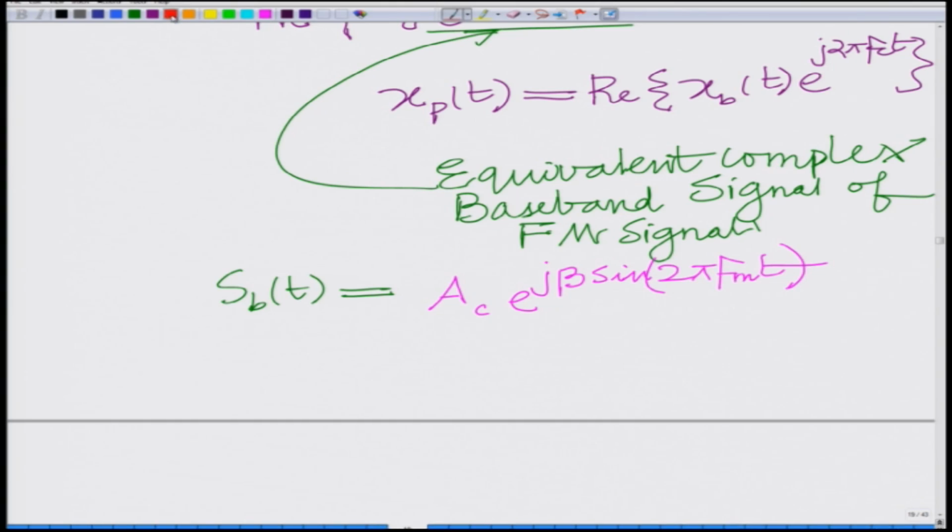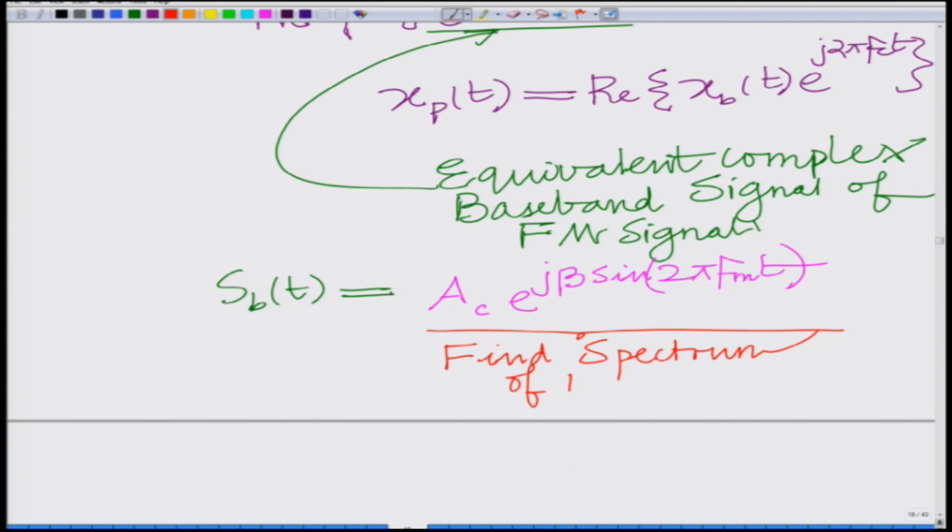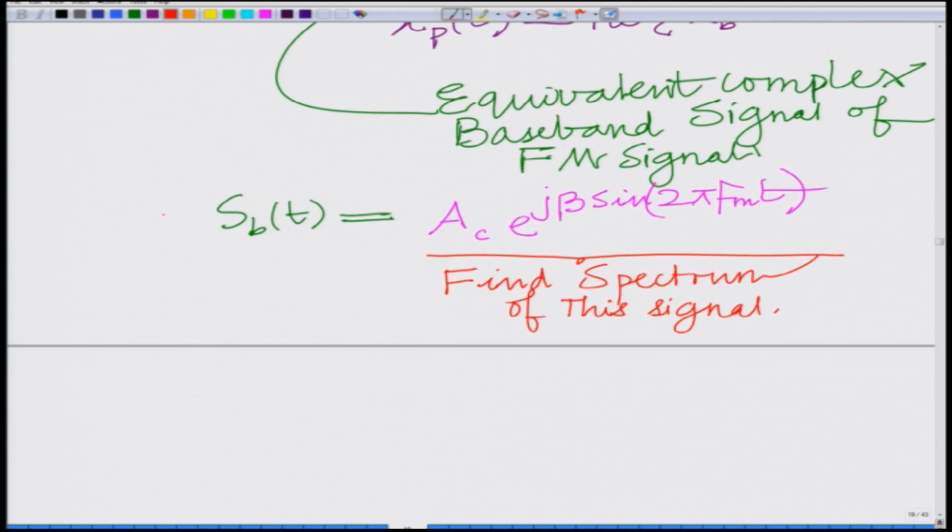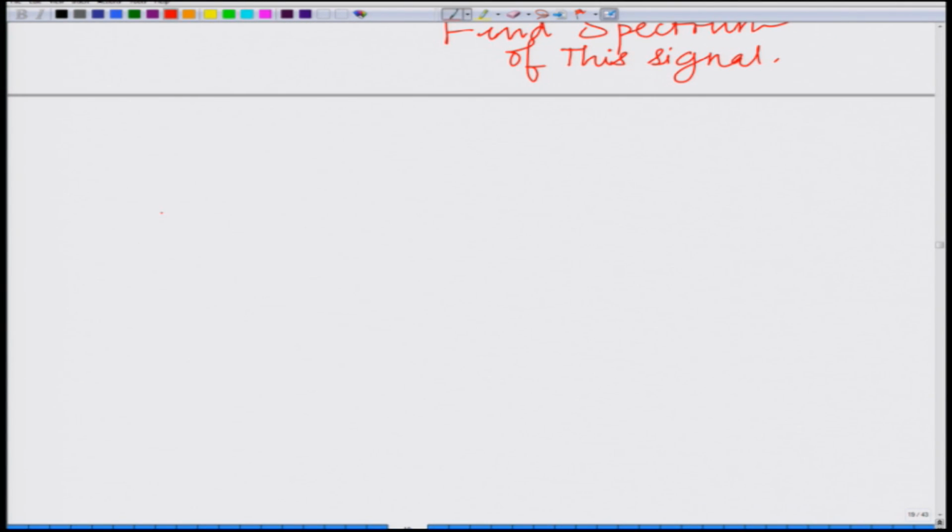We will find the spectrum of this signal, which is Ac e to the power of j beta sine 2 pi fm t.